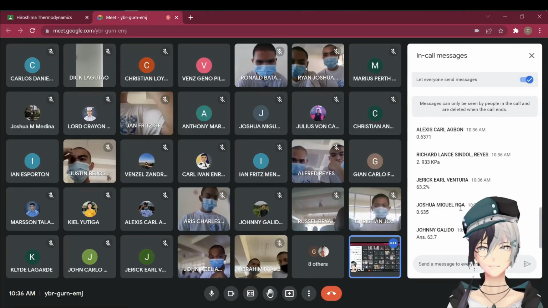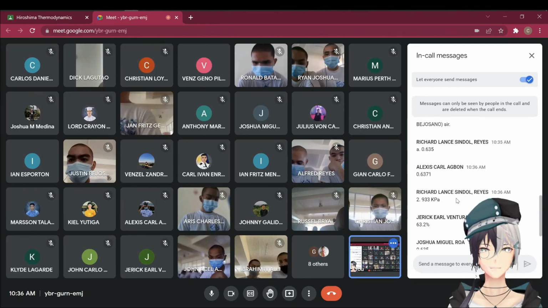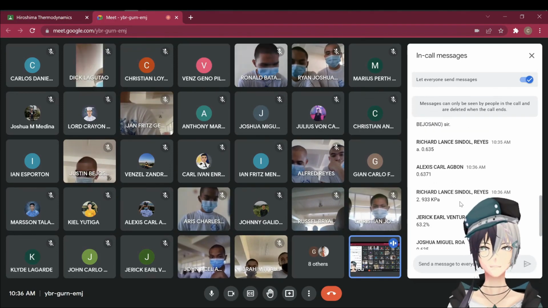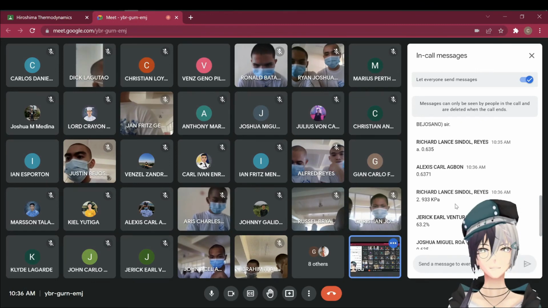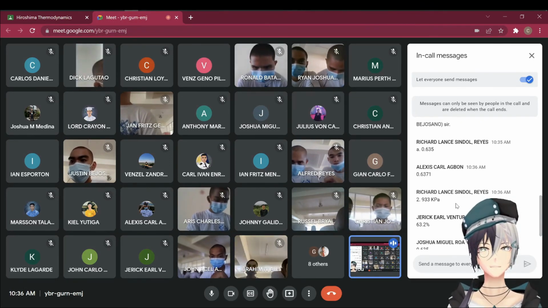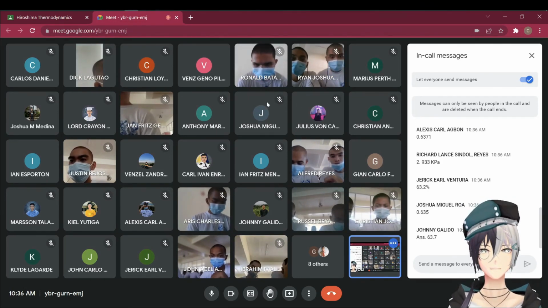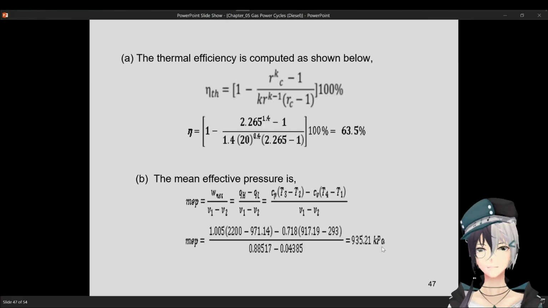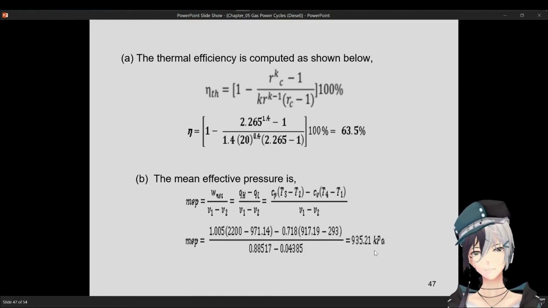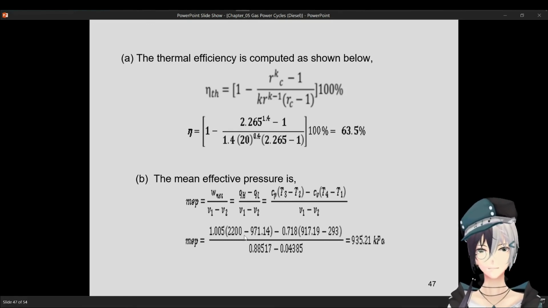Let's see. So 935, kilopascal? Okay, so you made a mistake, unfortunately. So the answer is 935.21. So in this solution, he used the formula in terms of temperature for worknet.